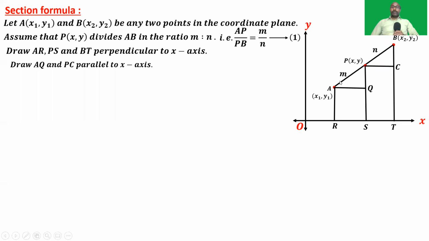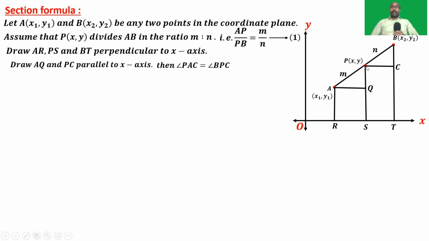Now we can observe that angle BPC and angle PAQ are equal. They are equal because PC and AQ are parallel lines, and these two angles are corresponding angles, so they are equal.